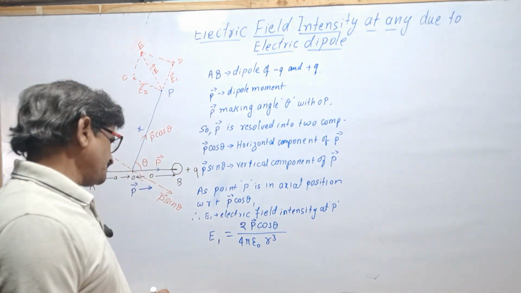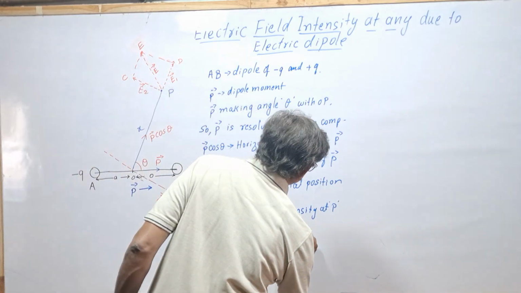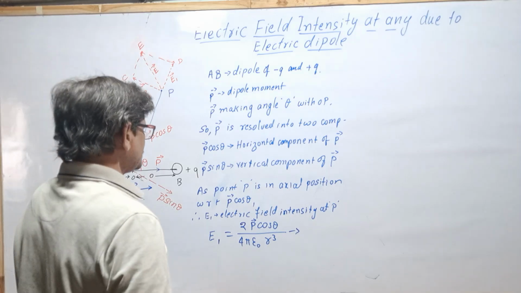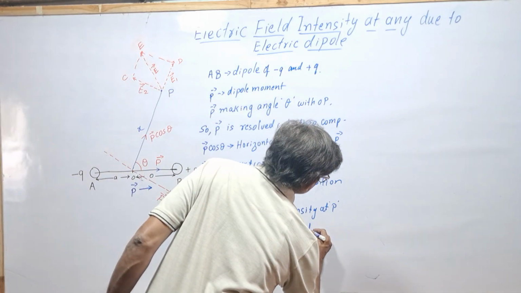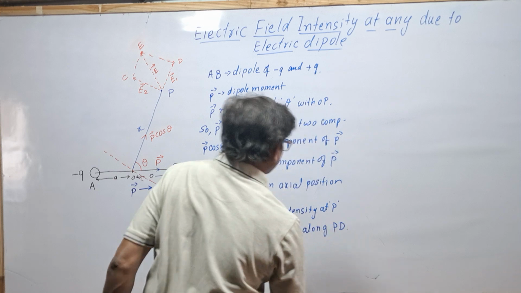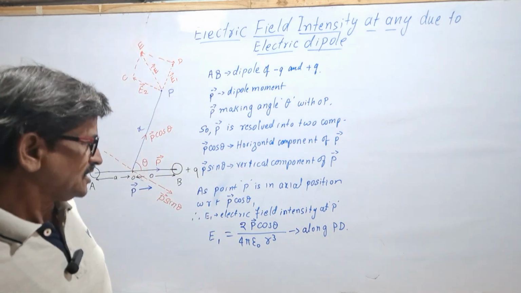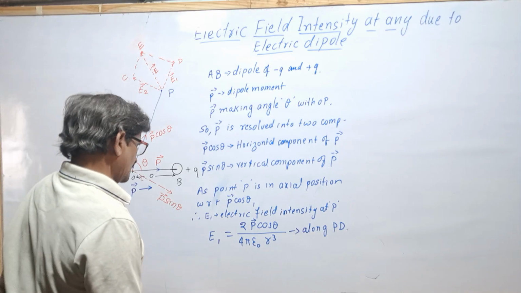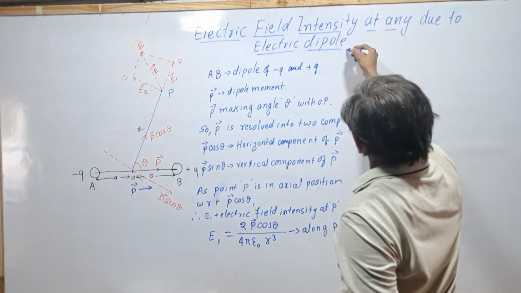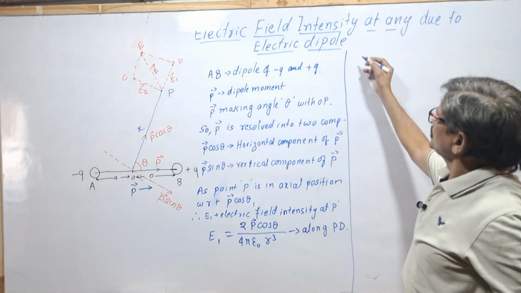This equation is for a short dipole, and the direction of E1 is along the axial line, axially away from the dipole.